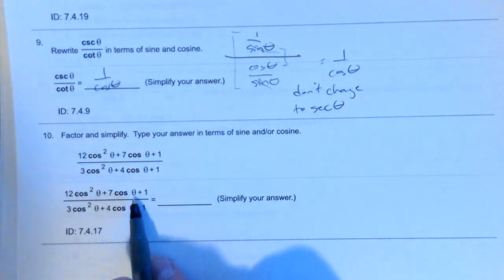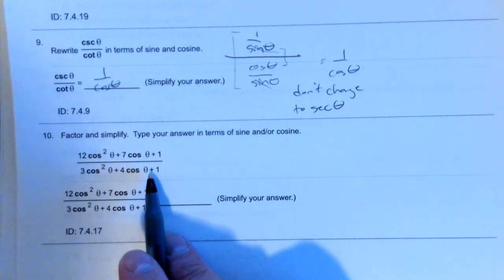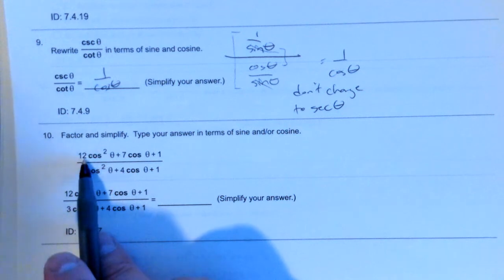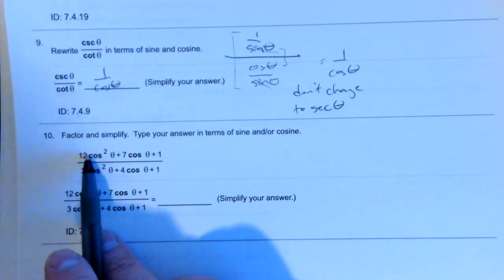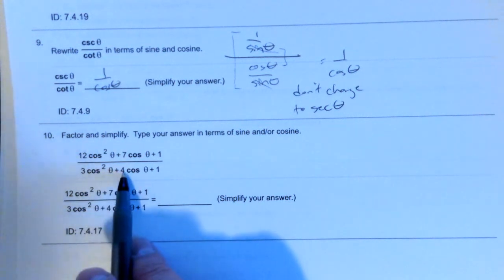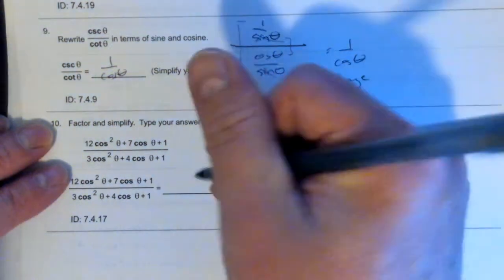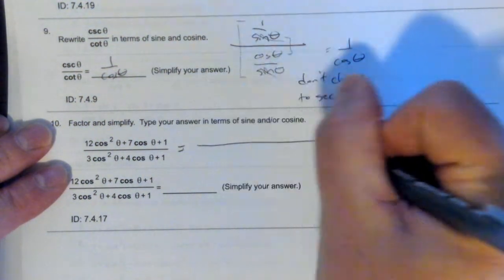Okay, and on this one, they're going to want you to factor. Let's factor the denominator first, because then that'll help us with the numerator. Like, if I look at the numerator, I could have used 12 with 1, 6 with 2, or 3 with 4. And I can pretty much tell I'm going to need 3 with 4 based on my denominator. So let's do our denominator first.